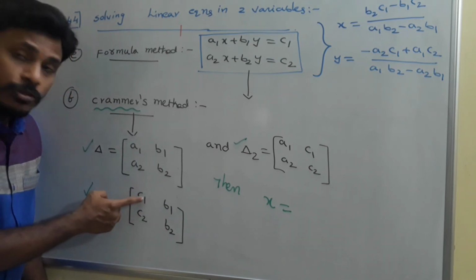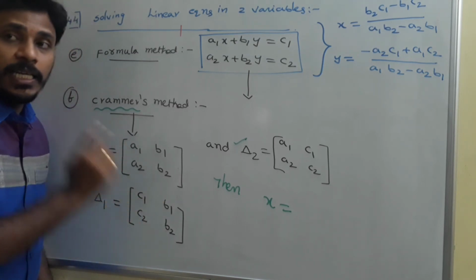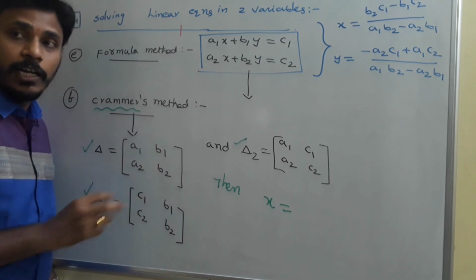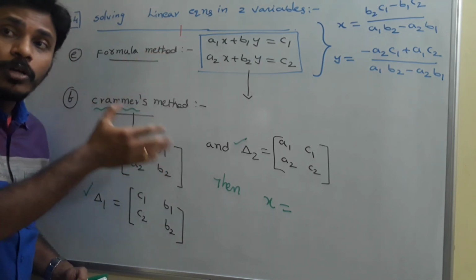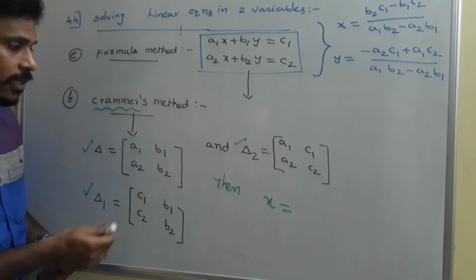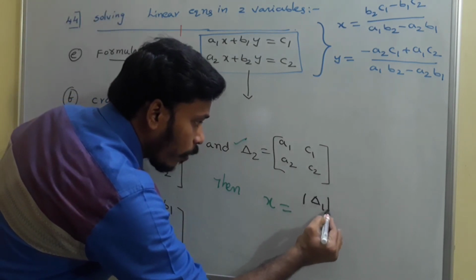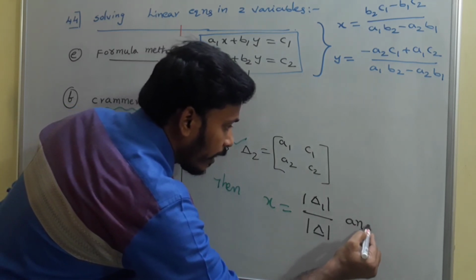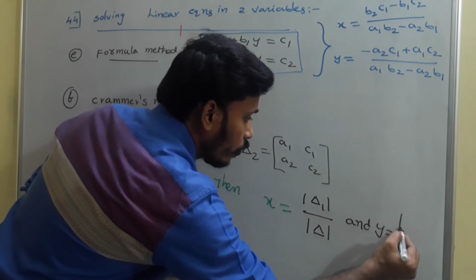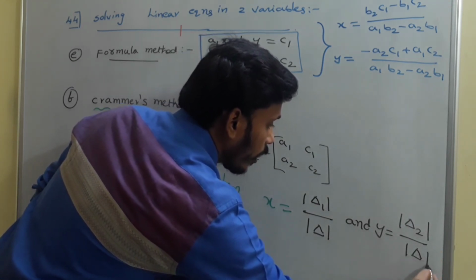After considering delta, delta 1, delta 2, Cramer expressed those formulas in terms of these deltas: x equals determinant of delta 1 divided by determinant of delta, and y equals determinant of delta 2 divided by determinant of delta.